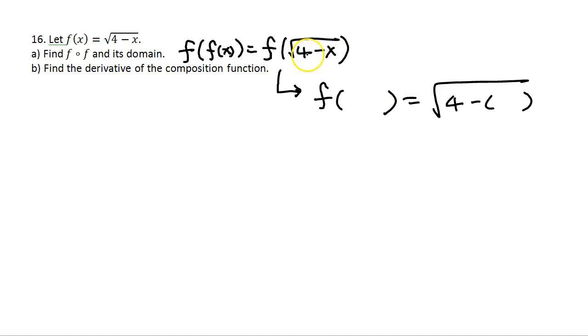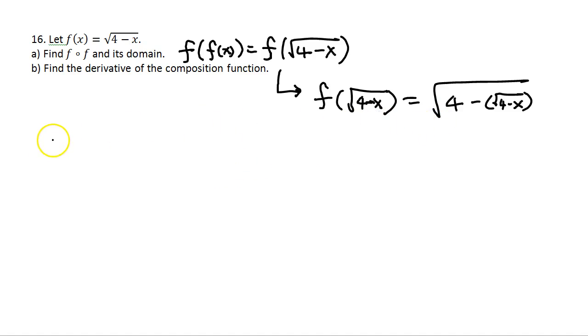That's because if I want f of square root of 4 minus x, I need to place that inside this parenthesis. And that means I have to put the same thing inside all the parentheses I create. So that's what you get, okay? That is the composition of two functions.